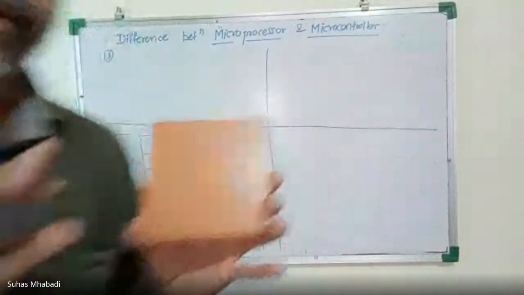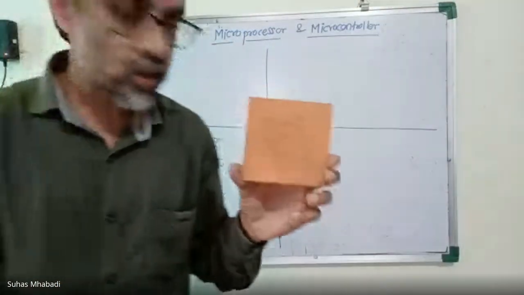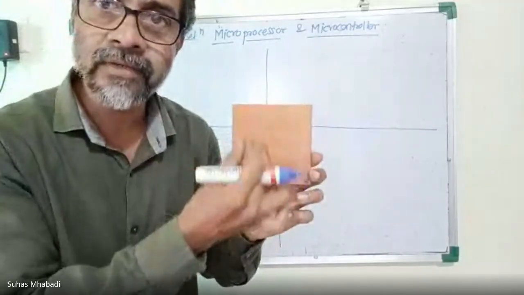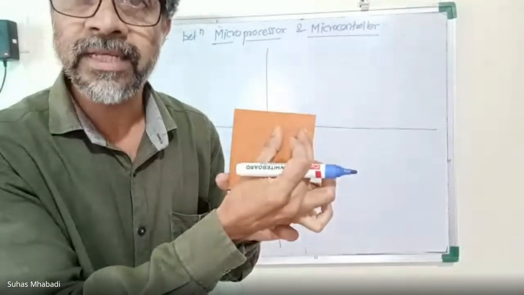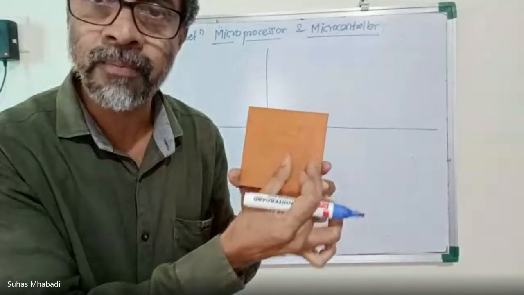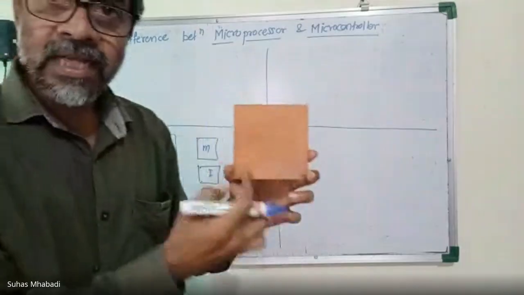So suppose this is a board on which I'm going to mount the IC called microprocessor, and here I'm going to connect memories and input output peripheral devices. Now this is my system.